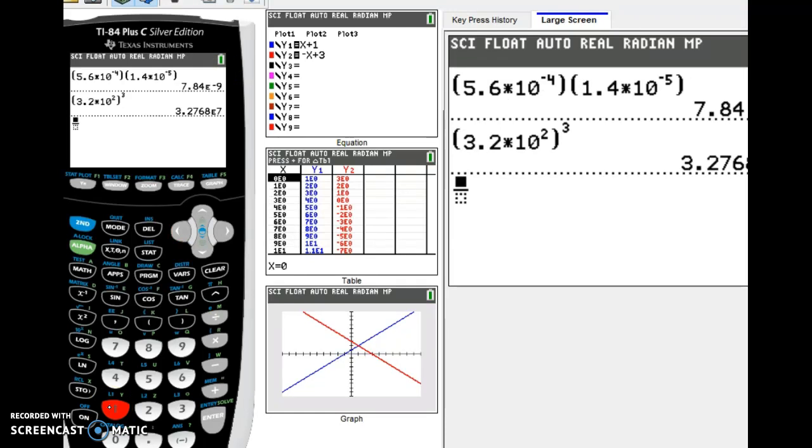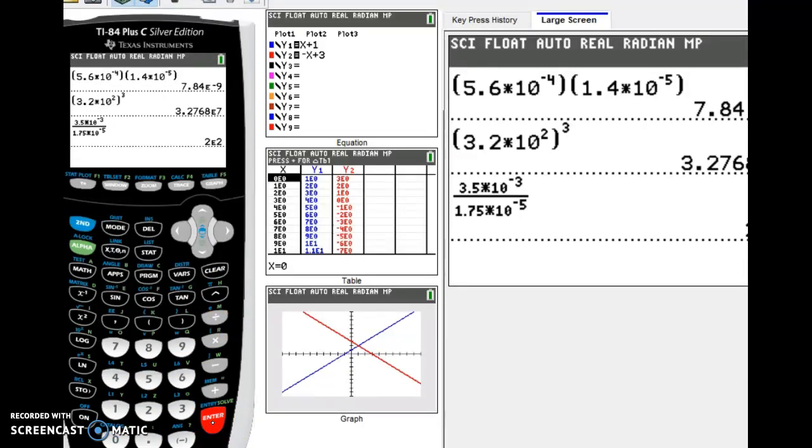So it's going to be 3.5 times 10 to the negative 3 power, and then we're dividing by 1.75 times 10 to the negative 5 power.